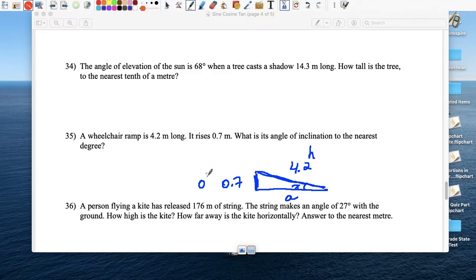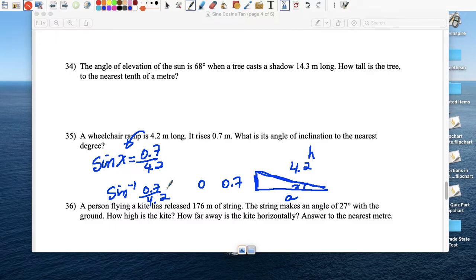Something that uses opposite and hypotenuse would be sine. So sine of x is opposite over hypotenuse, 0.7 over 4.2. But we want the angle, so we're going to use sine inverse.